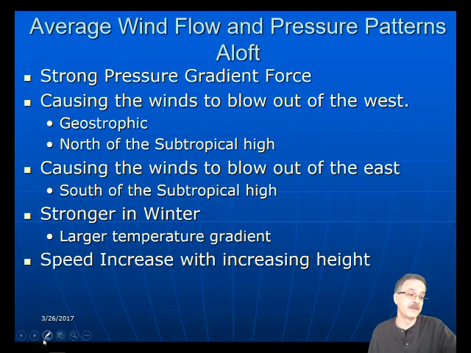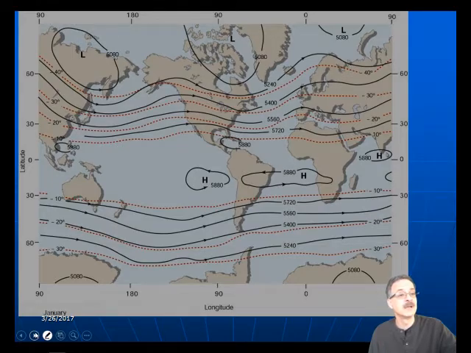The farther you get up off the surface, one of the forces is going to go away. I want to know if you can figure out which force will get smaller the higher we go up in the atmosphere.